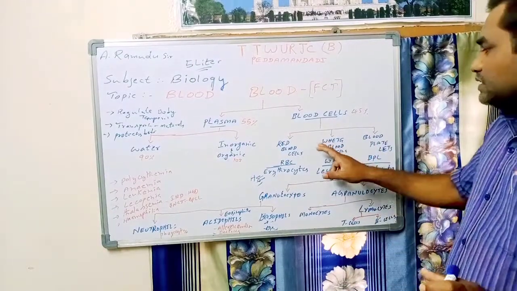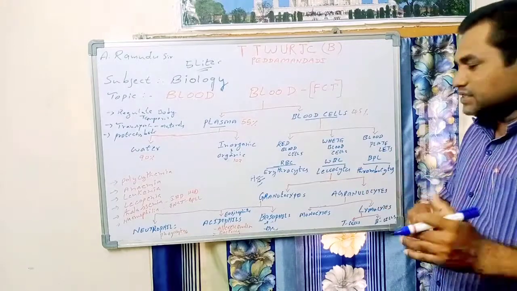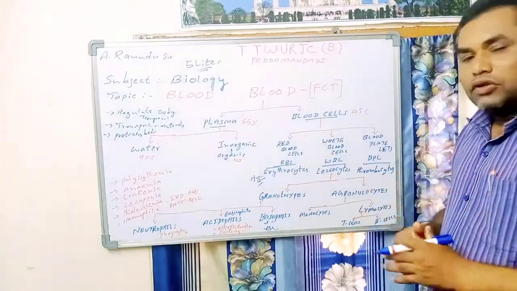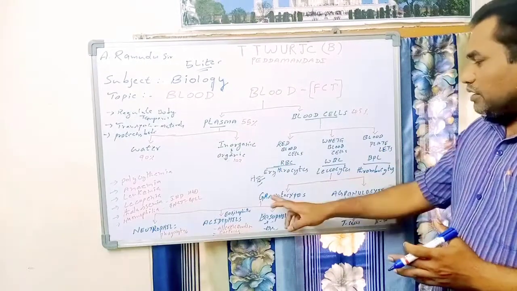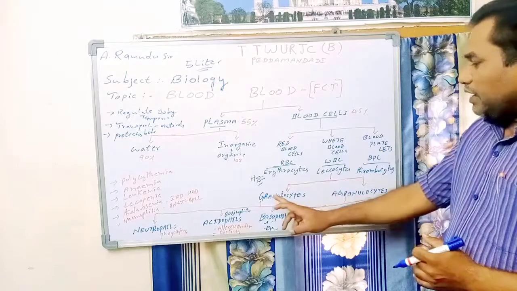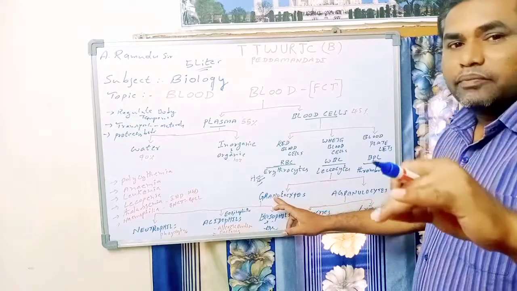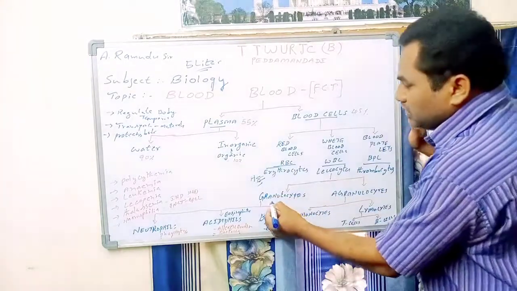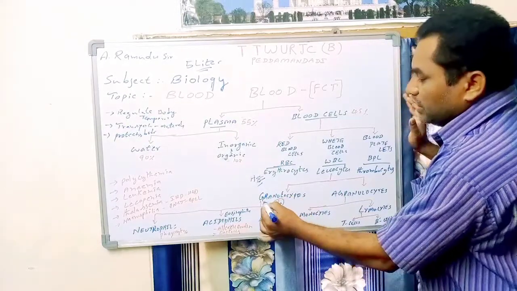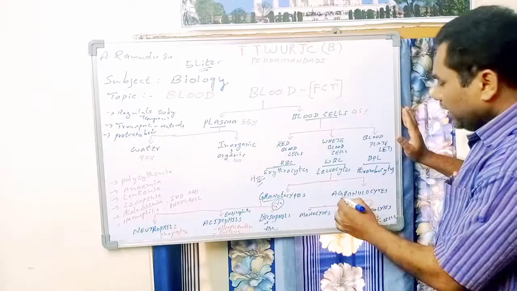Now let us discuss white blood cells. White blood cells are again classified into two types: granulocytes and agranulocytes. Because of the presence of sand-like particles inside the cells, they are called granulocytes.